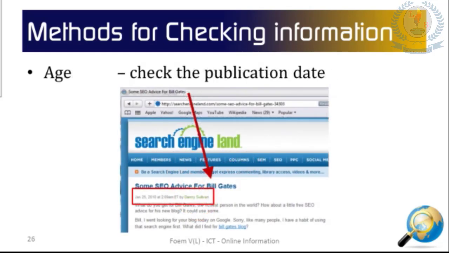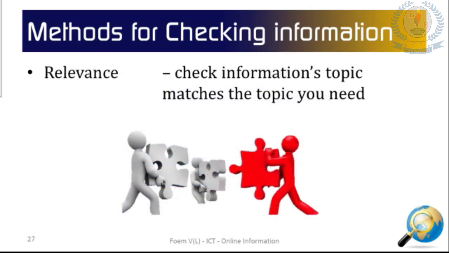Next one is age. Check the publication date. You can see here I have mentioned the date of the publication. With that you have to consider whether you are taking recent information or old information. Some old information will not match nowadays, so you have to consider the date when you are finding the information. Relevance.